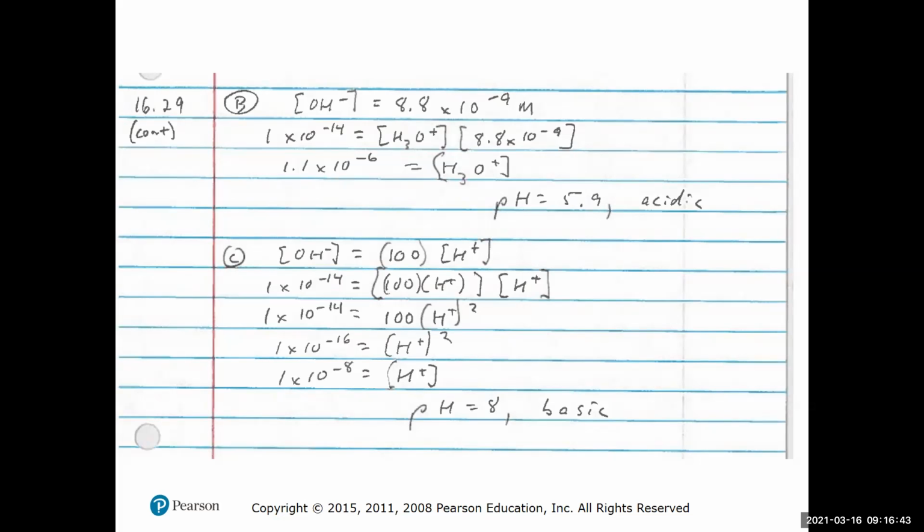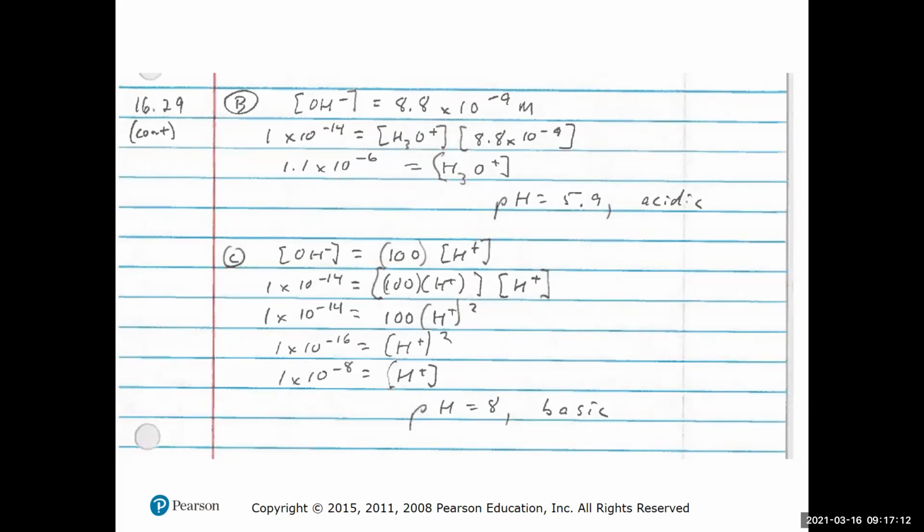Now, the third problem is we're told that the hydroxide ion concentration is 100 times the hydrogen ion concentration. So we're still going to use that expression, that 1 times 10 to the minus 14 equals hydroxide ion concentration times hydrogen ion concentration.